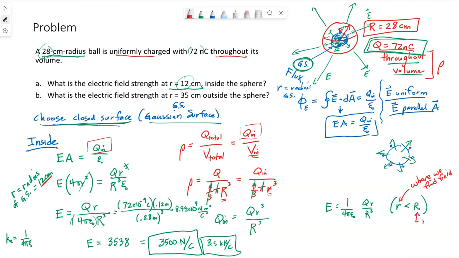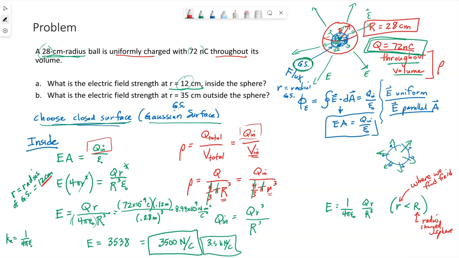Capital R means the radius of the charged sphere. This equation is valid only inside the sphere, and that's because of how we set everything up, how we accounted for how much charge was located within that closed surface.